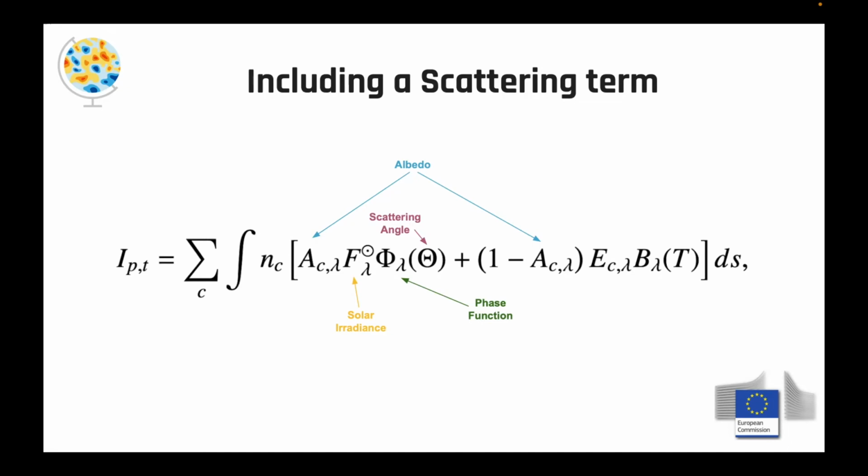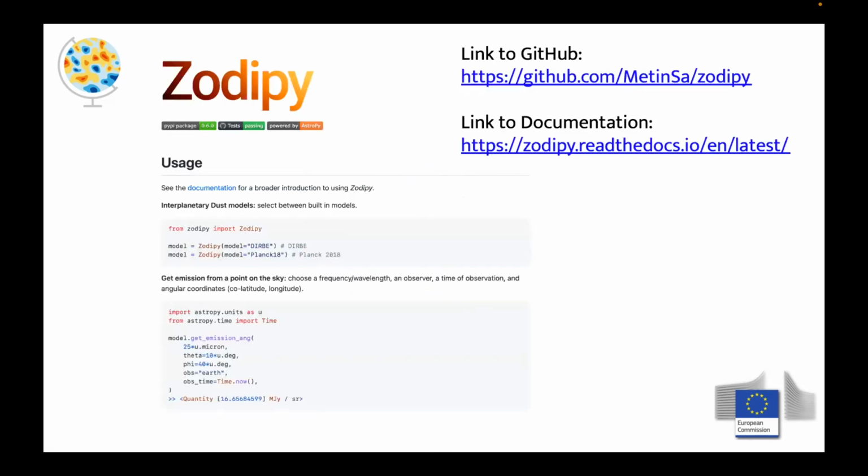And yeah, so once you have the model and you're ready to solve these line of sights, that's essentially all you need to do. And what we have done is that we have created ZodiPy, which essentially solves these line of sights for arbitrary solar system observers. And here's a minimal usage of the code. So you'll initialize the model given, for instance, either the Derby model or the Planck 18.